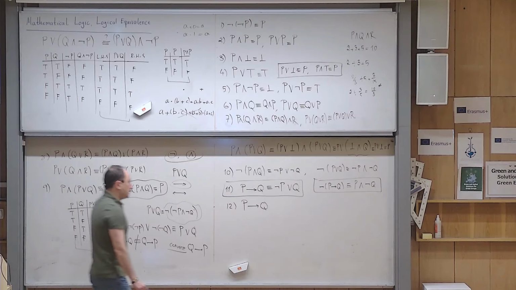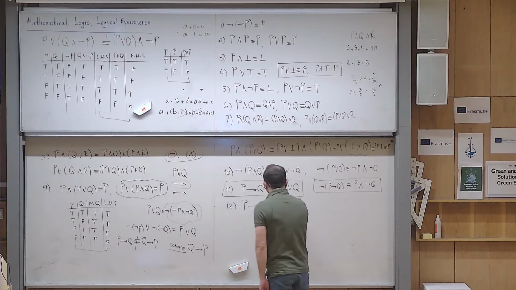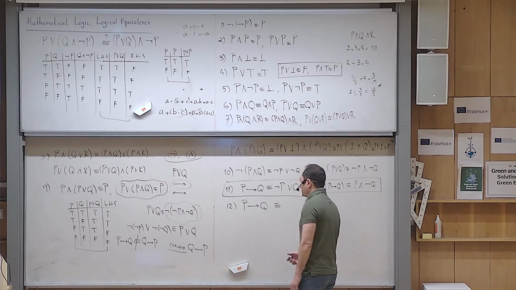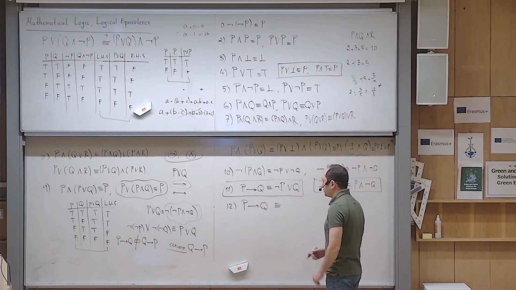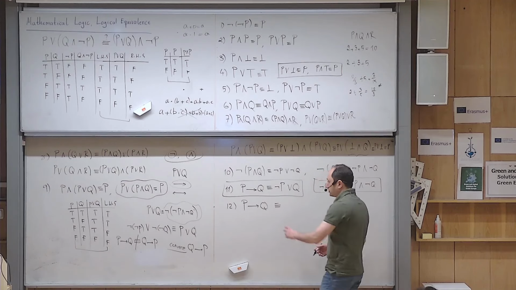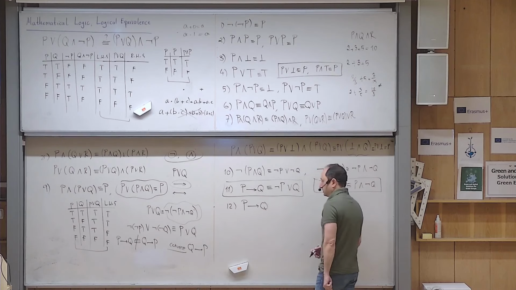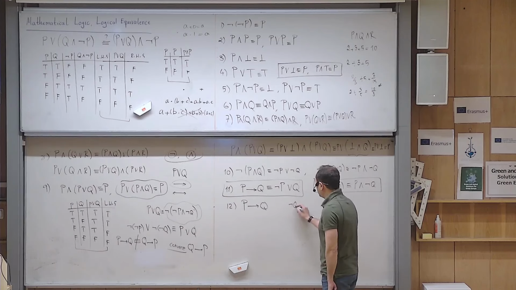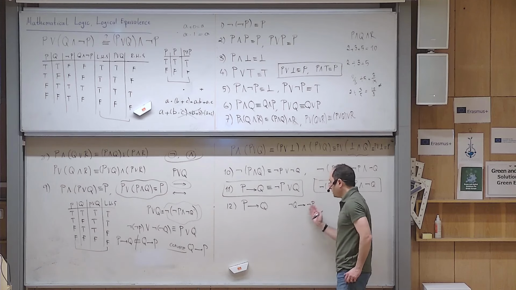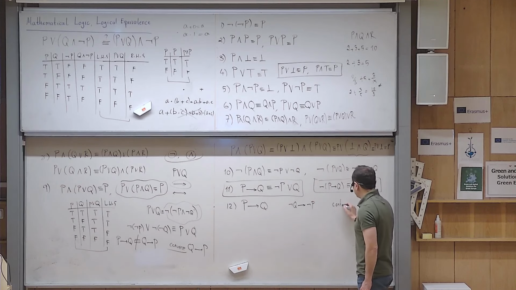But there is another law which is also extremely important, and it's the basis of the proof by contradiction, the contrapositive law. So the contrapositive of this, if I ask you to write the contrapositive, okay, I should write not Q. If not Q, then not P. This is what we call contrapositive.